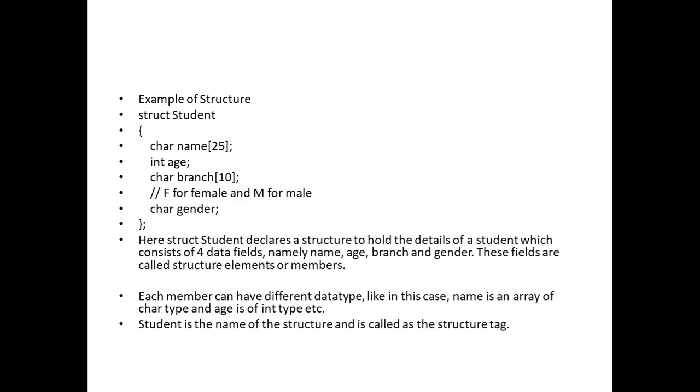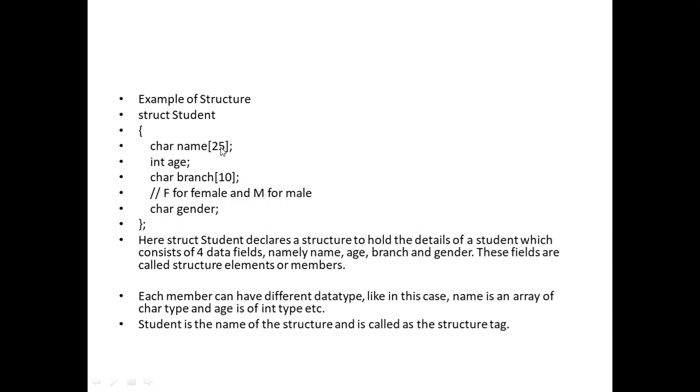How much memory is allocated for this structure? Name takes 25 bytes of memory. Age is an integer, so it takes 2 bytes. Branch is a character array of 10 bytes, and gender is a character, which takes 1 byte.